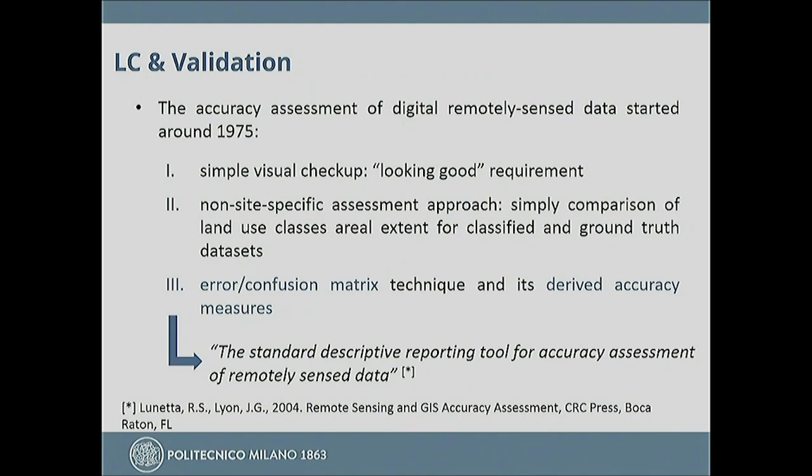At the very beginning, we are speaking about 1975. 1975 was the beginning of the production of land cover maps. At the beginning, the validation was simply a visual checkup. So look at the map and say, oh yes, the map is looking good. So, good. It is validated.